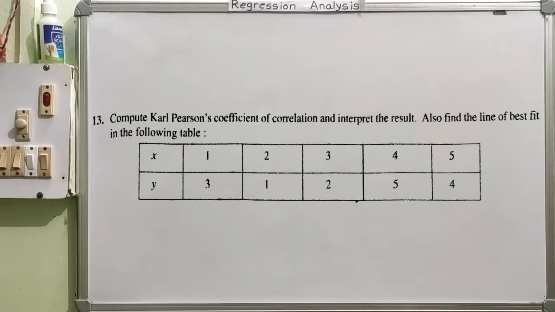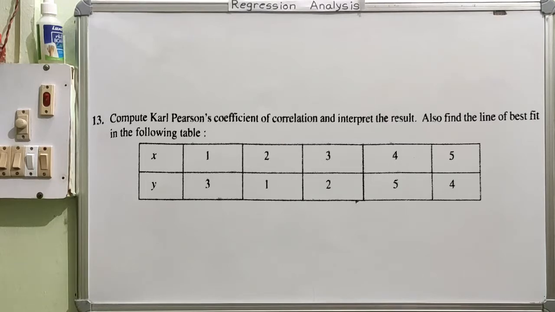Question number 13 is, we have a table. If you can see, there is a table in which we have x variable and y variable, right? We have 5 values of x and 5 values of y. Now for this table, the question is asking us to compute the Karl Pearson coefficient of correlation and interpret the result.